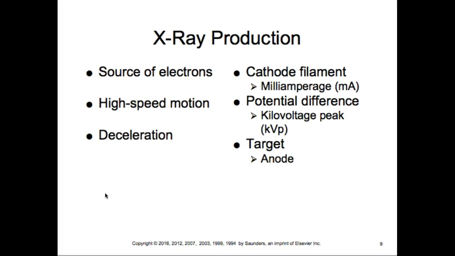When we dial up our mA, we're setting how many electrons will boil off the cathode. We need a way to put them in high-speed motion, and that's with our kVp, using the potential difference. When we apply the kVp, it shoots them across the tube, and they hit the target, which is their source of sudden deceleration. That's when the energy is transformed into a photon.